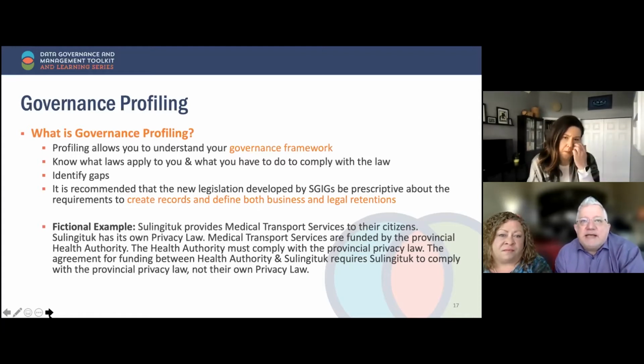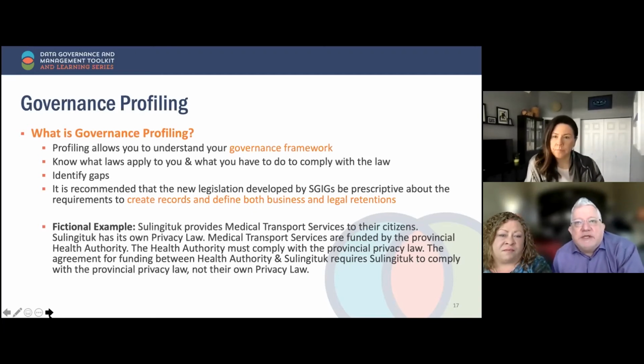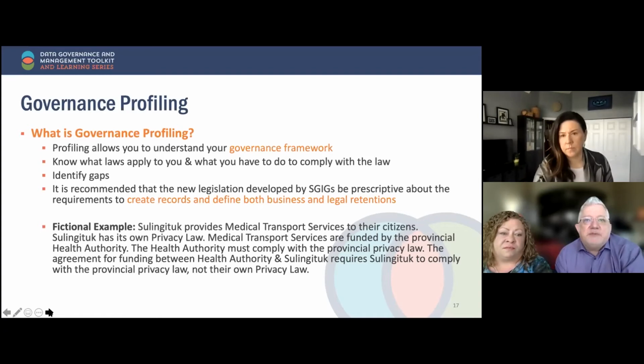So if a citizen has a complaint about how Selingta manages the citizen's personal information regarding medical transport, because of the funding agreement, Selingta must apply the provincial privacy law, not its own law. If Selingta applies the wrong law, they risk being in the wrong court and they could lose legal rights, not to mention the cost and time and money spent.